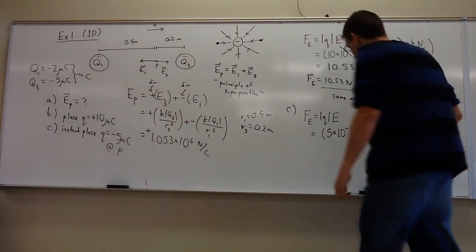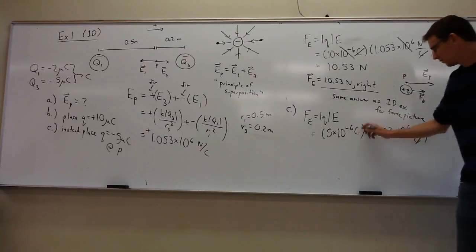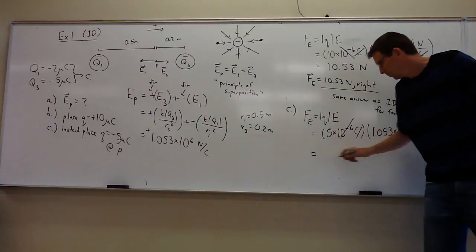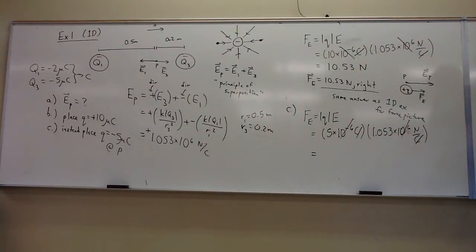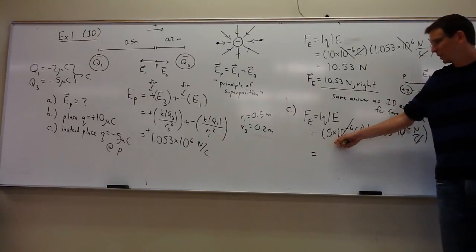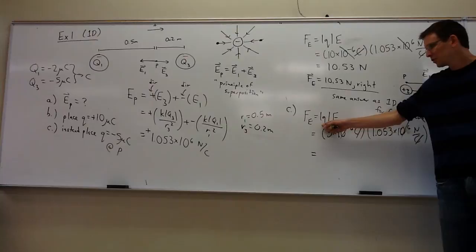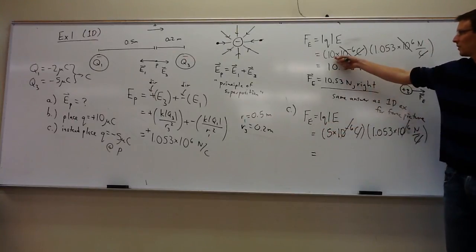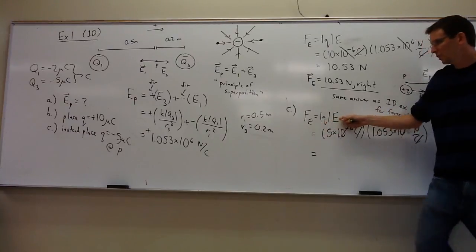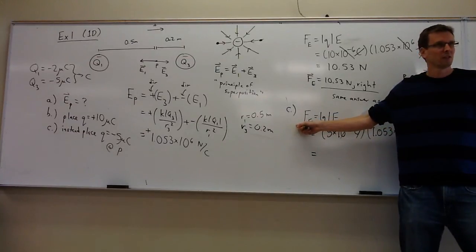In fact, in this case, again, the coulombs cancel, the 10 to the minus 6 and 10 to the 6 cancel. And if I can just quickly look at the situation, well, I know that I'm putting half the charge there, right? If I'm putting half the charge, it used to be 10, now it's 5. So half the charge in the same field means what about the force? Half the force.